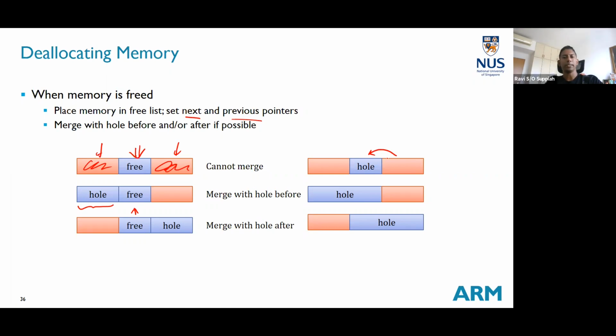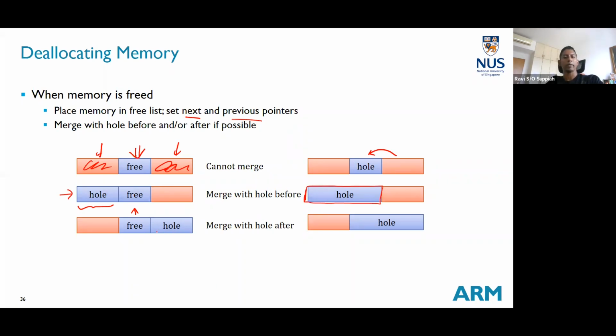So I can leave it as it is. Now, if the earlier chunk is now freed up, that means the first chunk is a hole, and then I do a free in the middle, then I can do a merge. So this whole chunk here becomes one big hole.